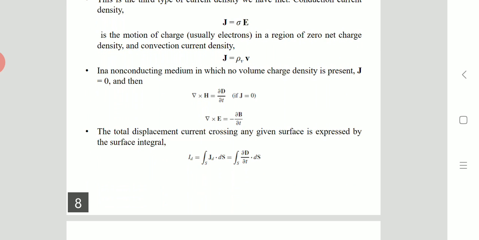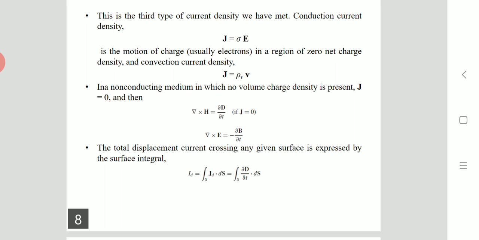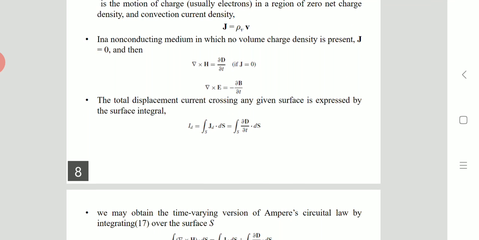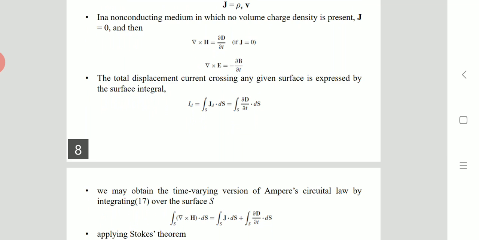Now we have del cross H is equal to ∂D/∂t, and also we know that del cross E is equal to minus ∂B/∂t. Hence the total displacement current crossing any given surface is expressed by the surface integral. Therefore ID is equal to the integration over the surface of JD dot ds, which is equal to the integration over the surface of ∂D/∂t dot ds. This is the equation we have got.